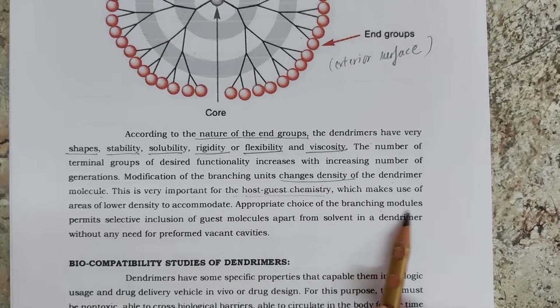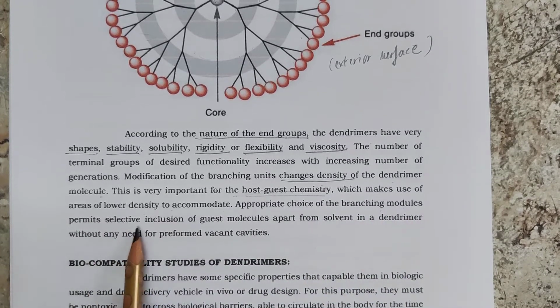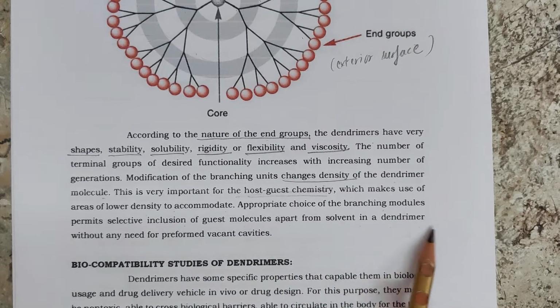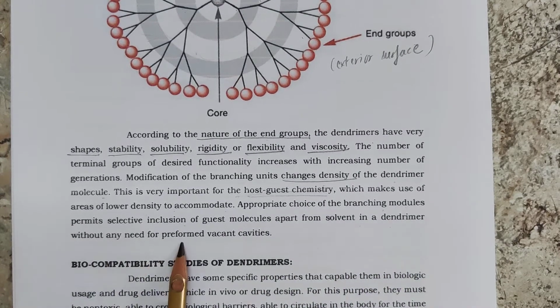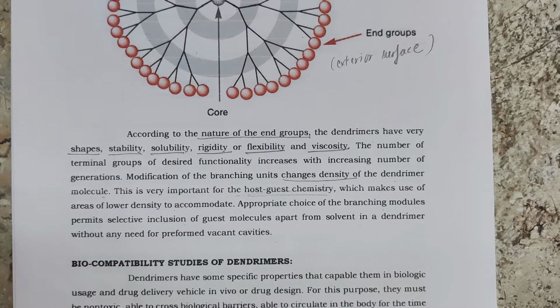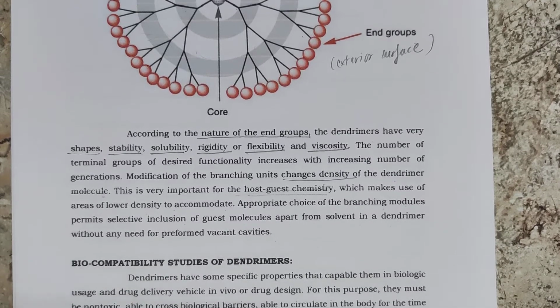Appropriate choice of branching modules permits selective inclusion of guest molecules apart from solvent in a dendrimer without any need for preformed vacant cavities. So what it says is, if we choose the branching module appropriately, we could make them very selective for particular guest molecules.